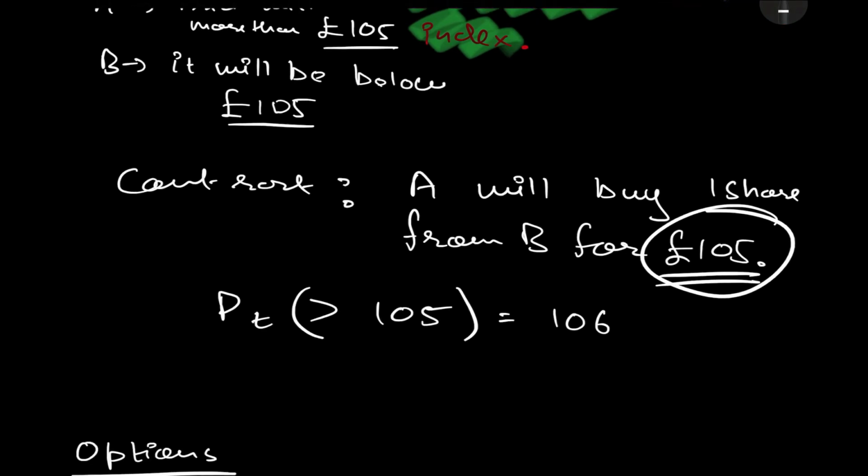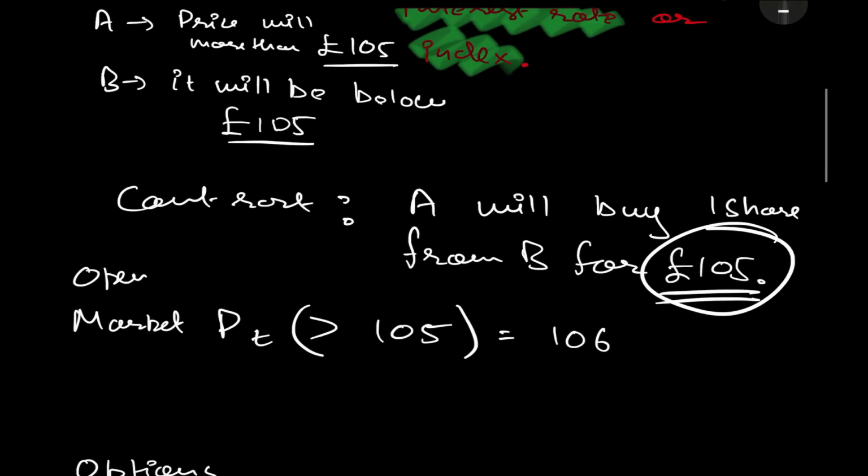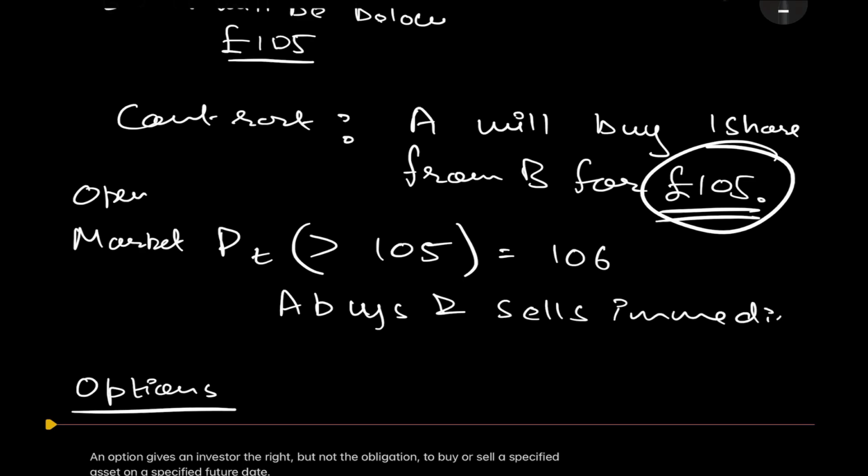But let's say the open market price of this share becomes 106. If it becomes 106, then A can simply buy for 105 and sell immediately in the open market.